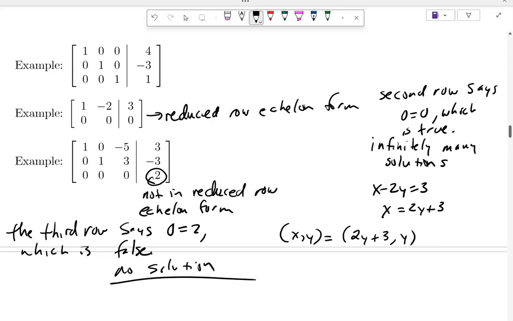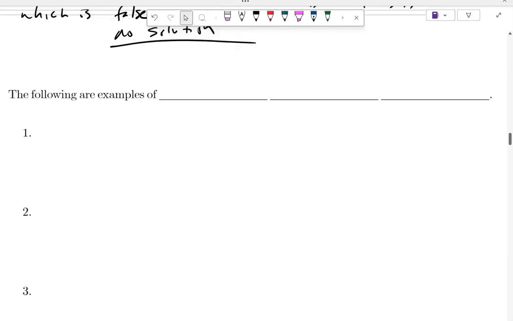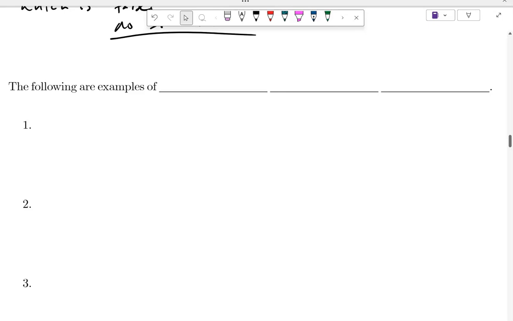Okay. So the whole point of this, from our perspective, is to rewrite these augmented matrices in reduced row echelon form, or at least where the part to the left of the vertical bar is in reduced row echelon form, to help us read off the solutions. That's our goal. To do that, we're going to have a method, but we need to talk about the operations that we're allowed to use in the algorithm.